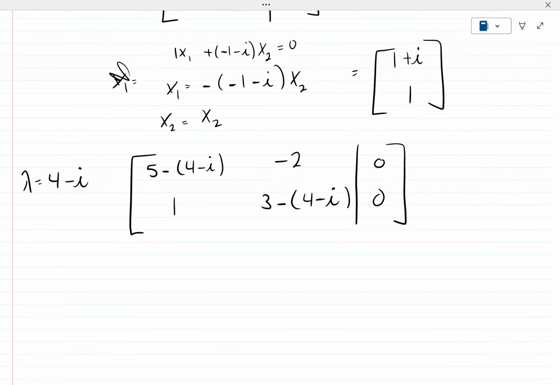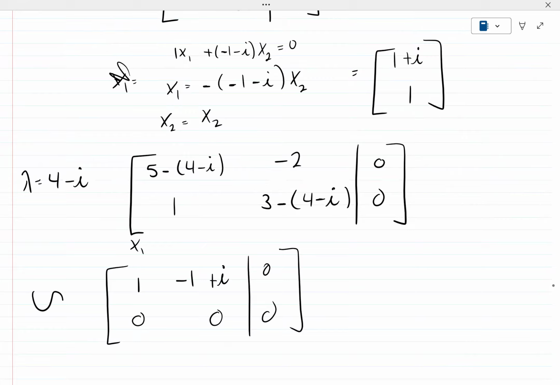And when you row reduce, to save you time, you get 1, 0, negative 1 plus i, 0, augmented with 0, 0.